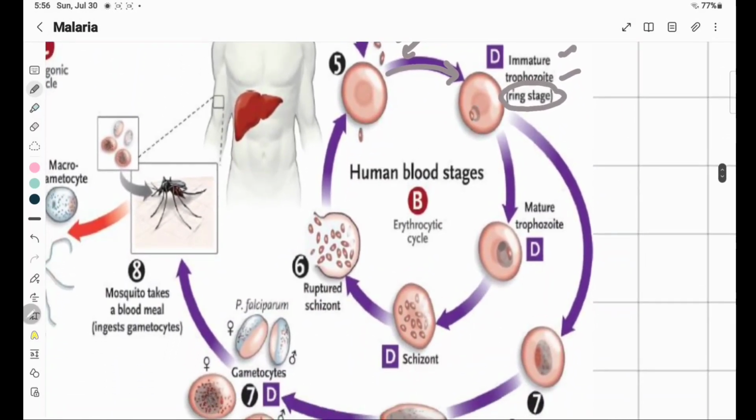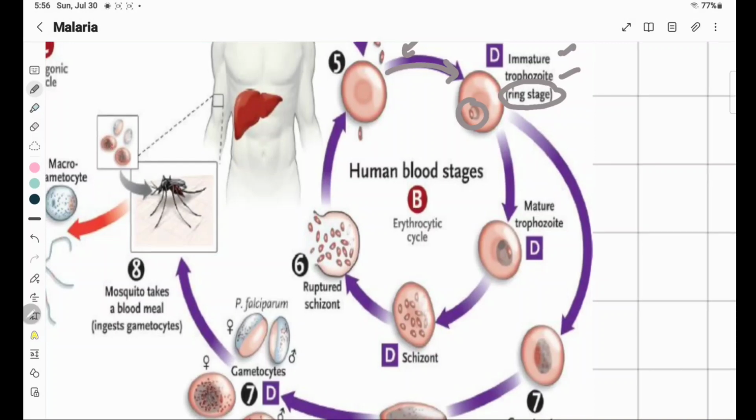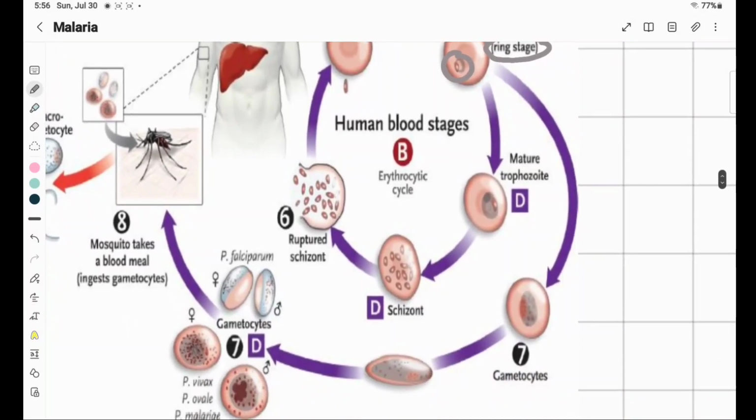Okay, you see this ring-shaped structure. That is a trophozoite. Now, essentially, two things can happen. This mature trophozoite can become a schizont, or it is going to form gametocytes.